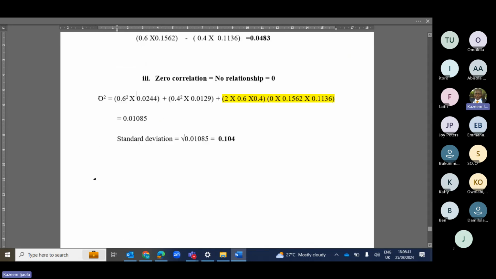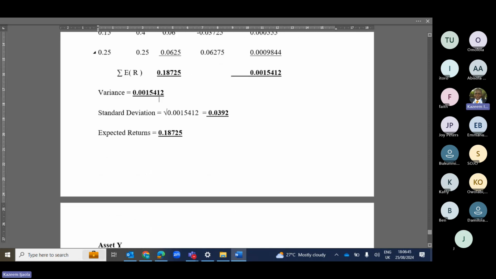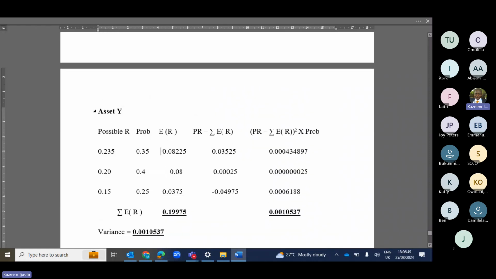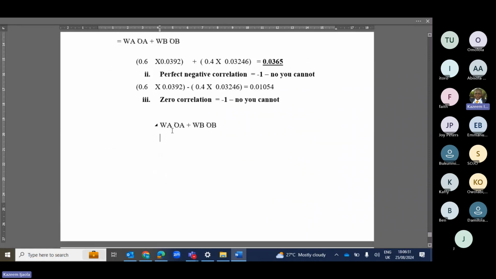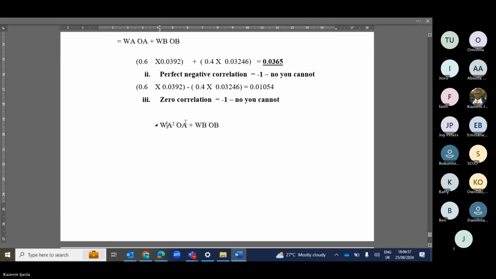Hold on now. It is that formula that we'll pick directly. For 0 it would be weight of A squared plus this squared. This is the formula: weight of A squared times the variance of A squared.